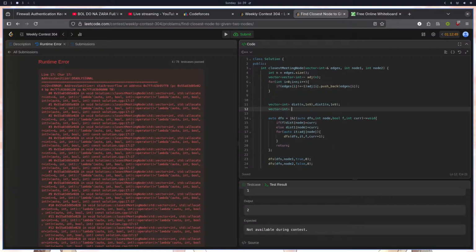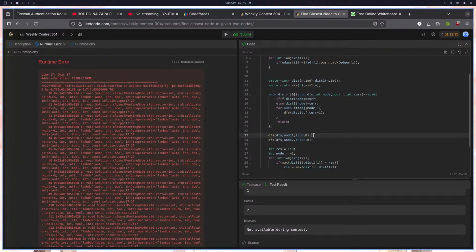vector int with n comma 1 in this n is 110, instead of node1 equal to 1, instead of node2 equal to 1.